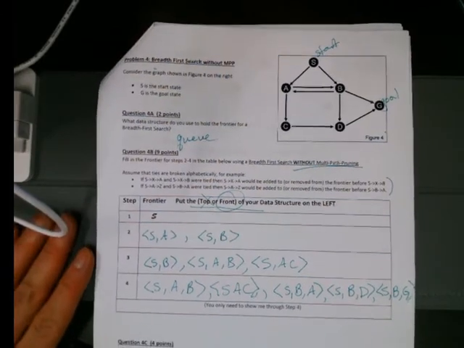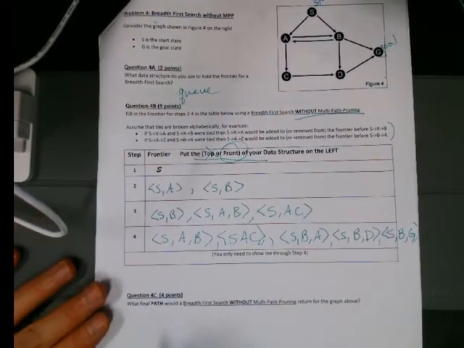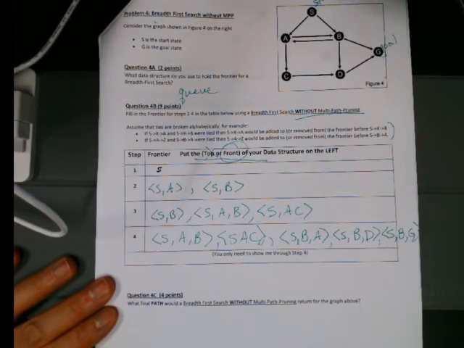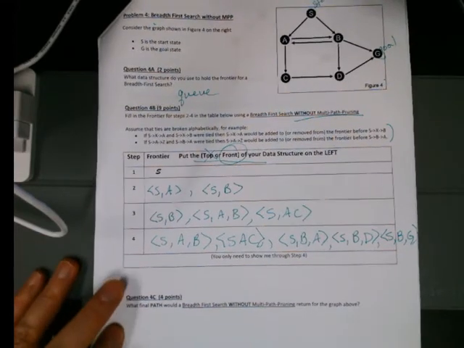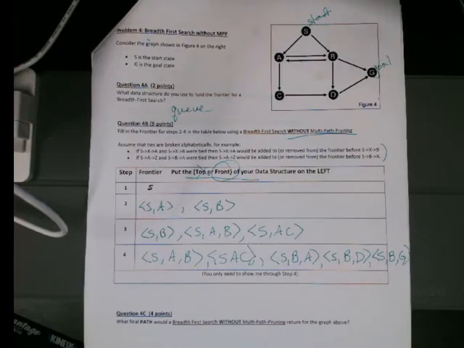For the final question, 4C, it says, what final paths would a breadth first search without multipath pruning return for the graph above? And the answer is, there's 2 ways to do this, right? One way is you could step through this and show all of the steps.